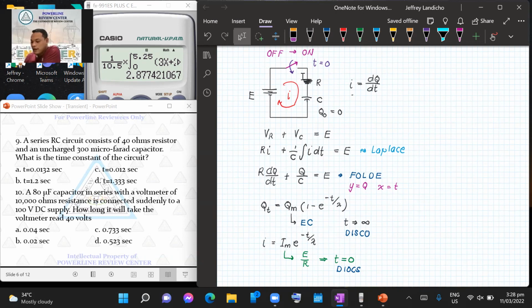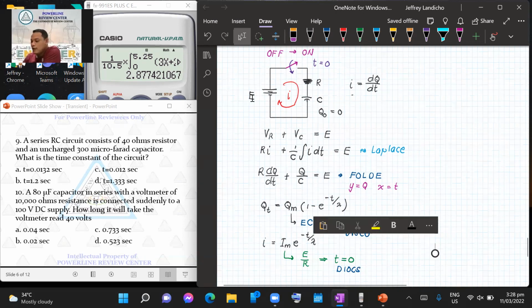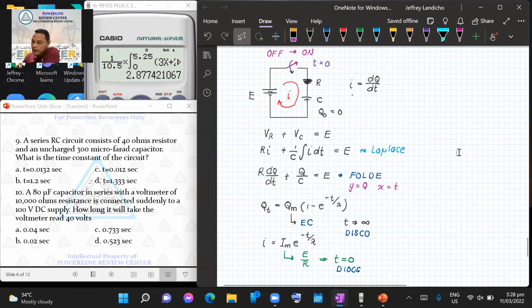Nakuha ba, kapatid? So therefore, pag alam na natin yung value ng charge at current in the given circuit, no more problem to solve for the voltage drop across R and the voltage drop across C. So lumalabas for this RC circuit, now this given current, it is equal to the maximum value of current e raised to negative t over lambda.